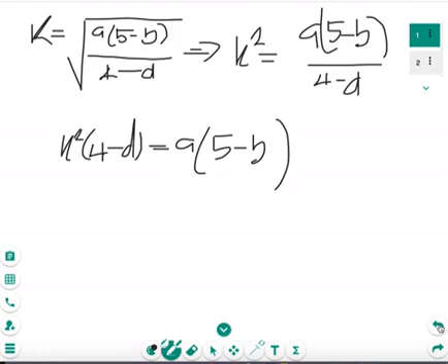First, you need to get rid of this A here. How do you get rid of the A? Divide on both sides. Yeah, so you don't have to waste time to say that.